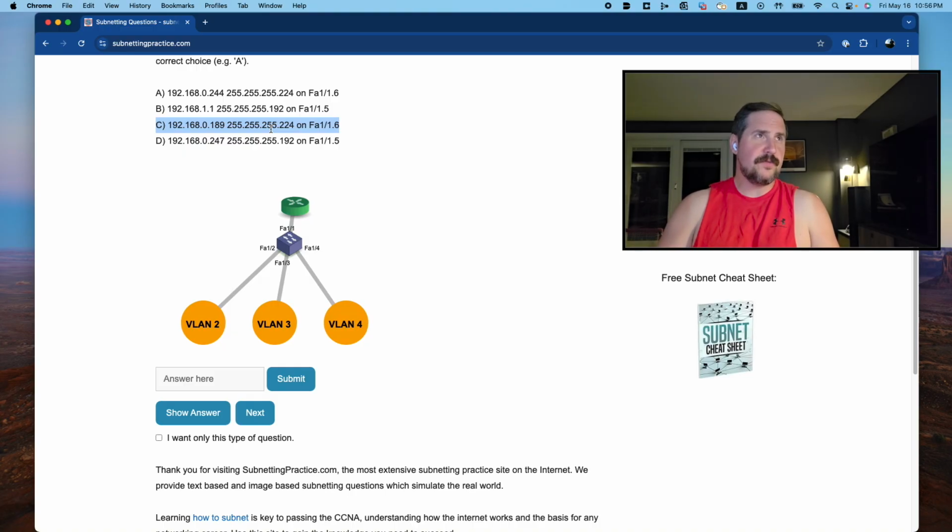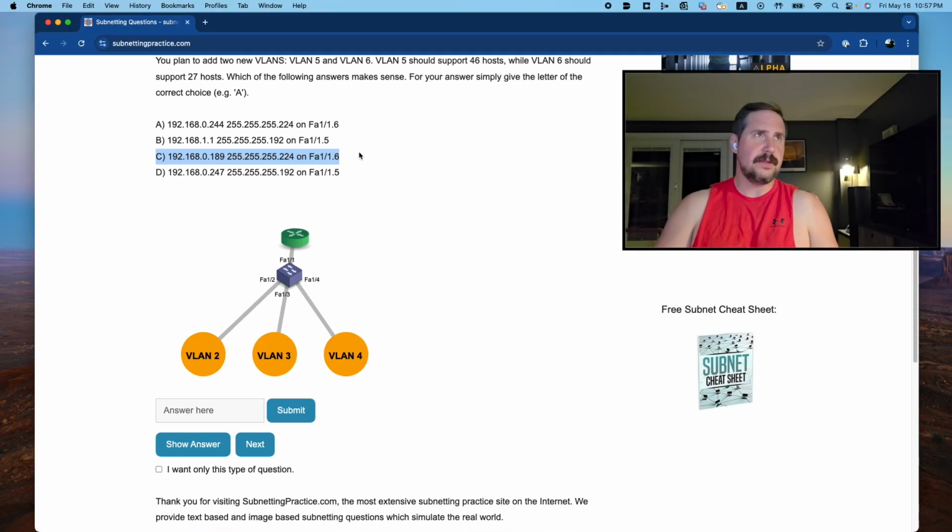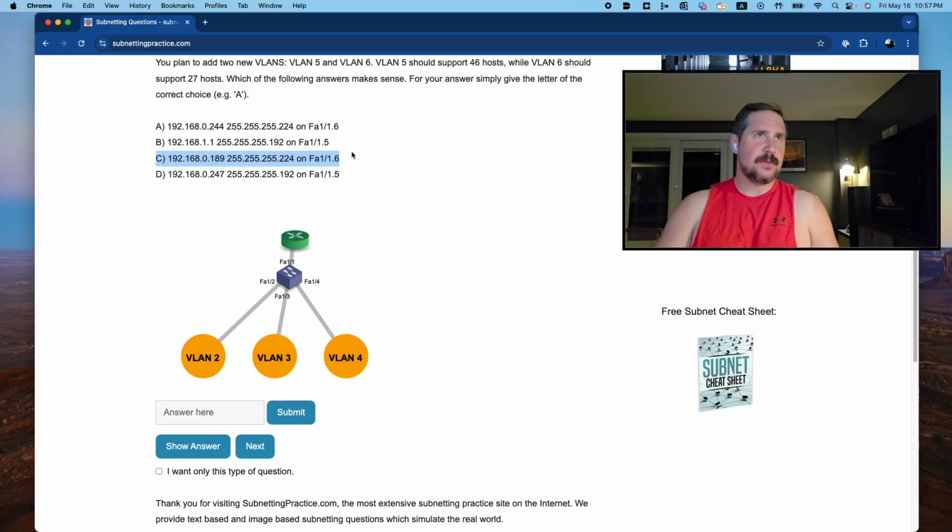Would we want to further break down VLAN 3 using option C, and would we have the number of hosts available to us that we want, because we need 27 hosts for C? Possibly, but I don't think so, given that .189. I don't think we would do it.